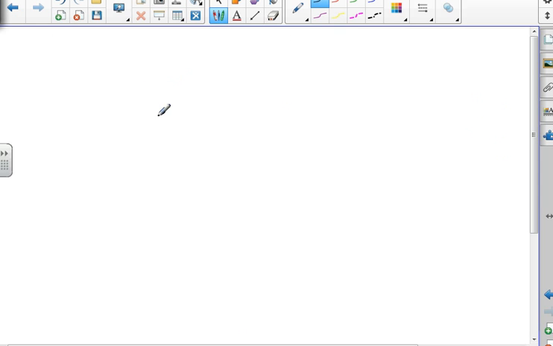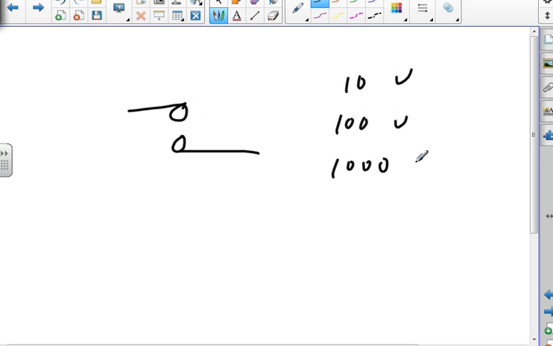Now, I've got this switch that's going on and off right here. How many times can it go on and off? 10? How many for 10? At least 10. How about at least 100? How about at least 1,000? How about 10,000?